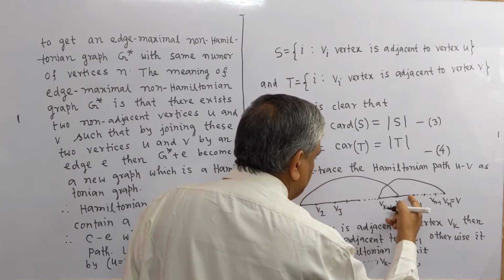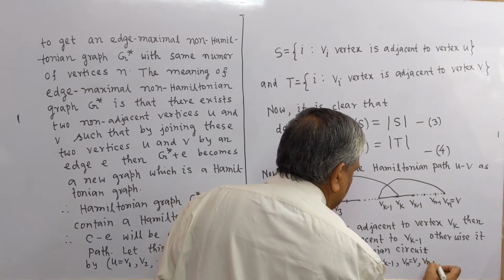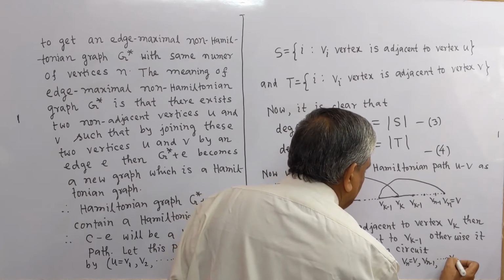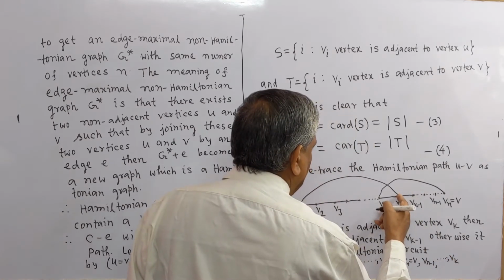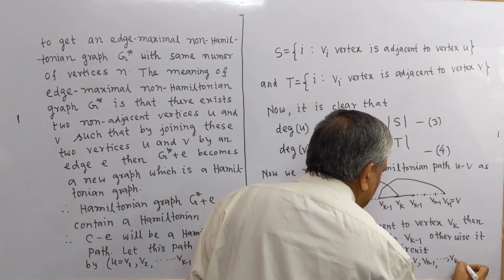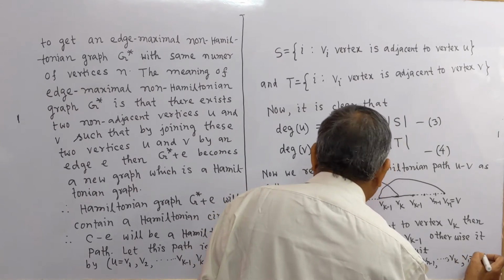We return back along this line, Vn minus 1, then Vn minus 2, then Vk, and then we return back to U, meaning V1 equal to U.